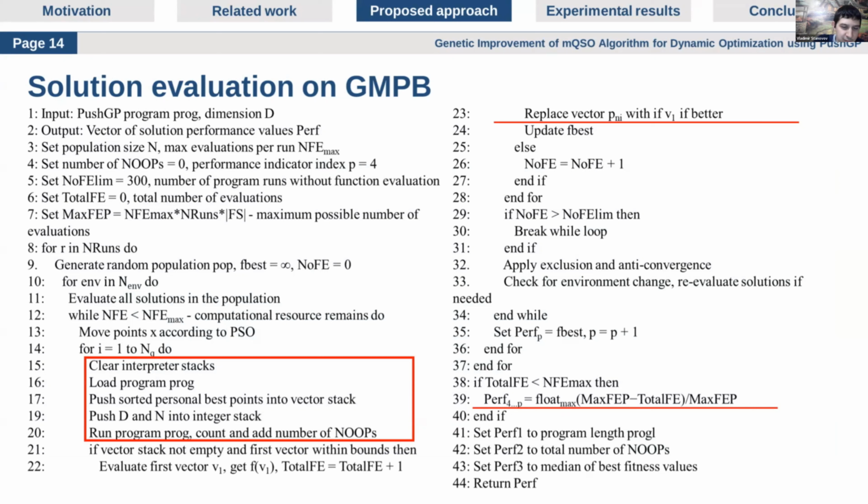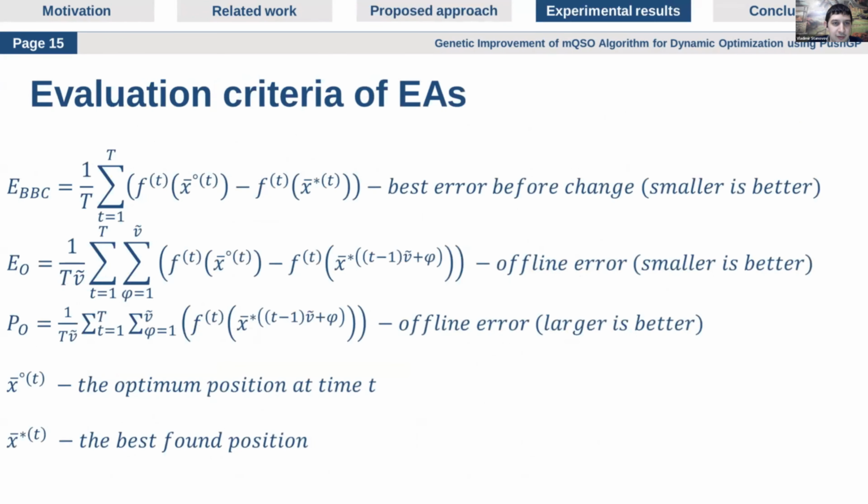So you can see it's shown with red that the first stages is we clear the stacks, we load our program, we load our set of points, and then we generate a new vector and replace it if it is better. So that's it. The rest is just to make it all work.